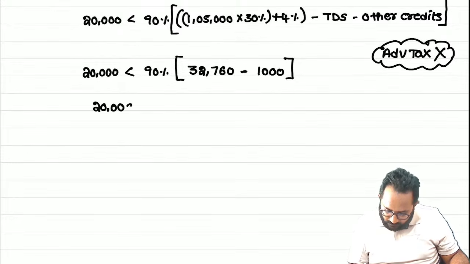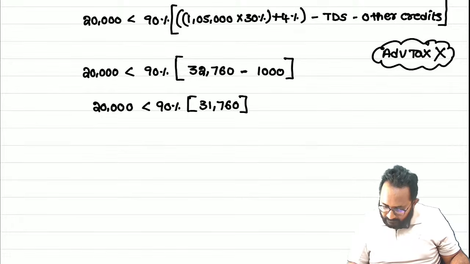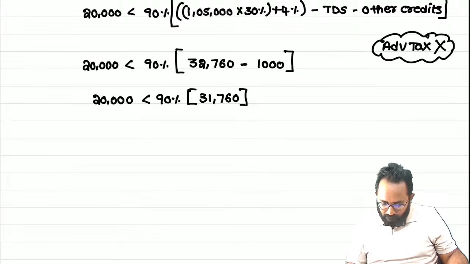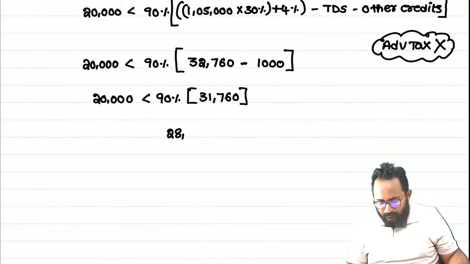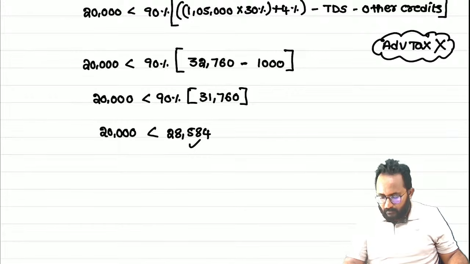So is 20,000 less than 90% of 31,760? What is 90% of this? 28,058. But did we pay less or more? Less. Their expectation is this, but you paid less.